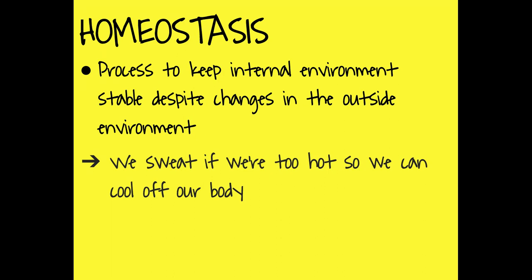So, sweating is a really good thing, especially when it's hot outside, because that helps cool you off. And that process is a process of homeostasis, which keeps your body normal inside, the internal environment inside the same, despite the fact that it's really hot outside.